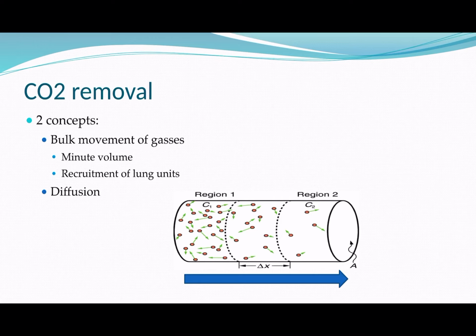Therefore, as the alveolar units fill up with a high concentration of CO2, it'll then diffuse passively through a concentration gradient down through the lungs, through the endotracheal tube, and into the ventilator. And therefore, you find that you can improve the CO2 clearance purely by keeping the whole airway open throughout the respiratory cycle.